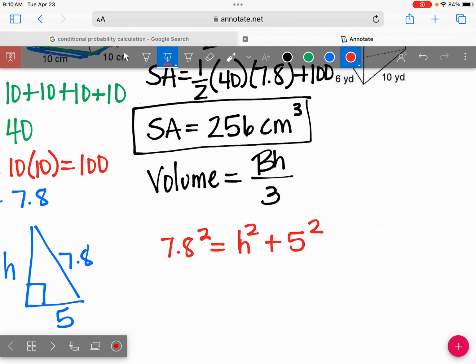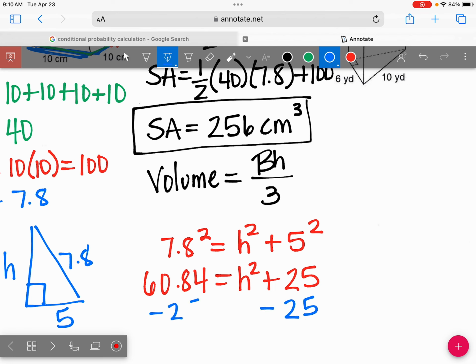So let's figure out what's 7.8 squared. 7.8 squared is 60.84. That equals h squared plus 5 squared, and 5 times 5 is 25. Let's go ahead and subtract the 25 from both sides.